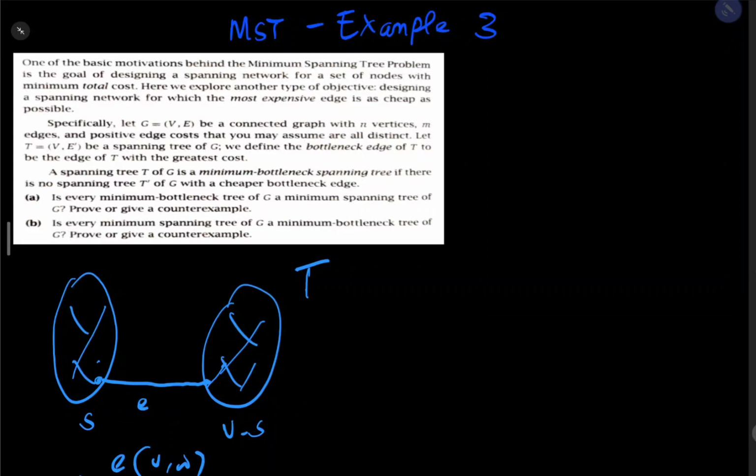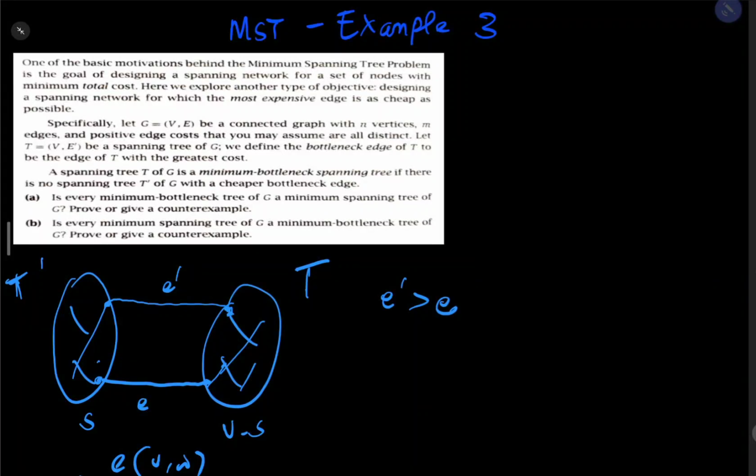Suppose we consider another spanning tree, T prime, whose cheapest edge is E prime. Let's imagine that we do not have E, and we have another edge, E prime, which gives us another spanning tree, T prime. But E prime is greater than E. So what does that mean?